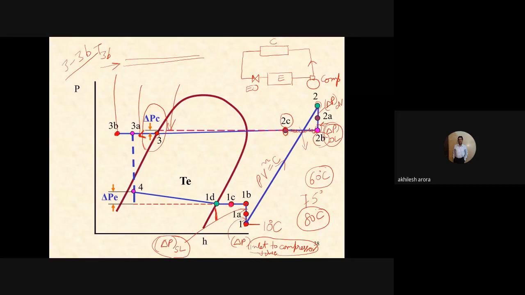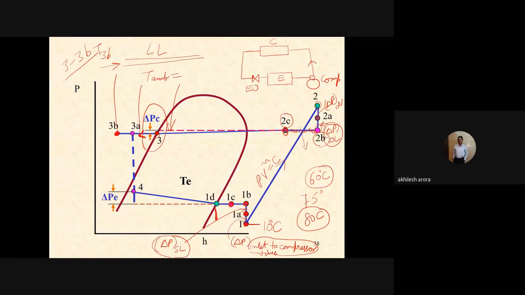So the refrigerant is entering the liquid line in the subcooled state. The liquid line is exposed to the surrounding temperature, T ambient. And I said that the condenser is a water cooled condenser. You should always remember, if it is a water cooled condenser, then it will cool the refrigerant below the temperature of the surrounding air.